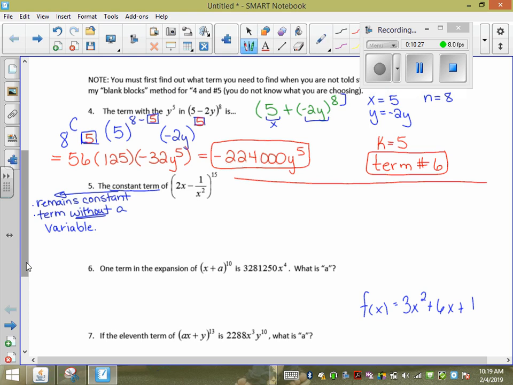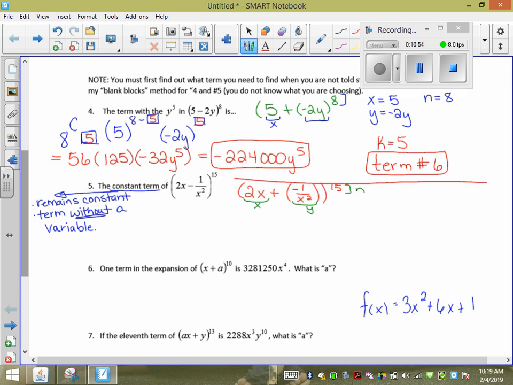So this one, we're going to do the same as we always do. We don't know what k is, but we do know everything else. So we're going to fill in everything else and put a box for k. So we have 2x plus negative 1 over x squared to the 15. This is my x. This is my y.